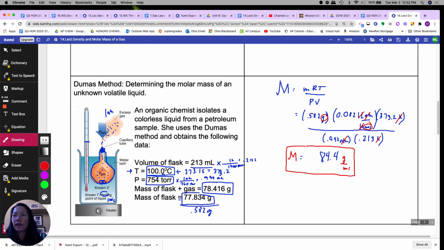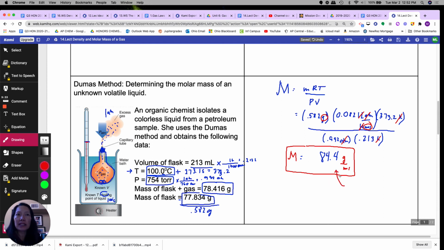The boiling point of your liquid must be below 100 degrees, so it's all gas in there. You got the temperature of the boiling water, which is 100, the volume of the flask, which is this. The pressure inside is the same as the outside, so 754 torr, changed to atm. The mass of the gas inside, you subtracted the mass of the flask when it was empty, 0.582, and you just got the molar mass.